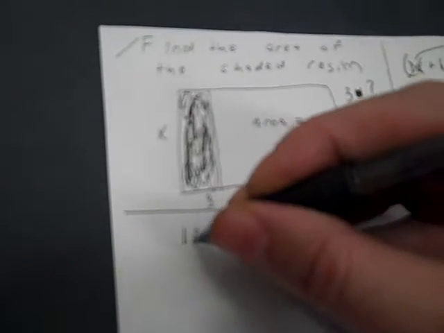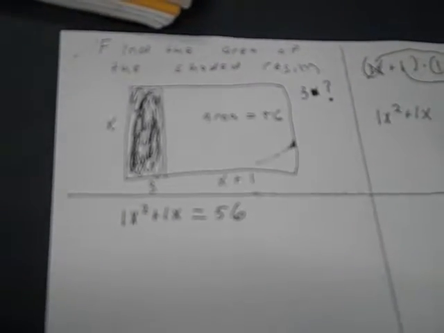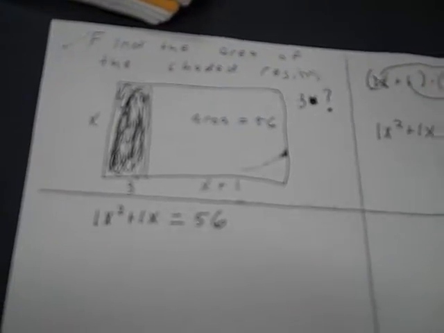All right, now let's pull that down here. So we need to get that multiplied out. So I write 1x squared plus 1x equals, and they told me the area was 56, so that's equal to 56, okay? So I go into my equation solving process. There are 2 answers.